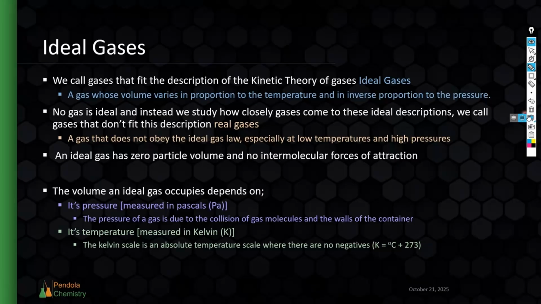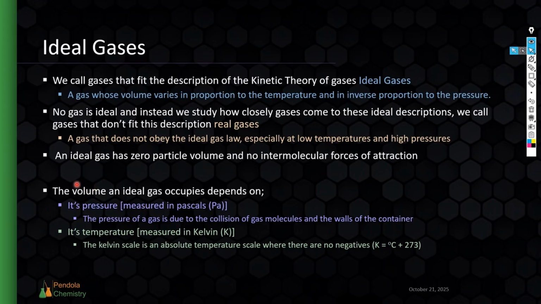Well, if we go back, pressure is one of the properties that volume can be related to in the ideal gas laws, or what we call the kinetic theory of gases. Ideal gas laws are the mathematical laws related to this, which we'll study in a little bit.